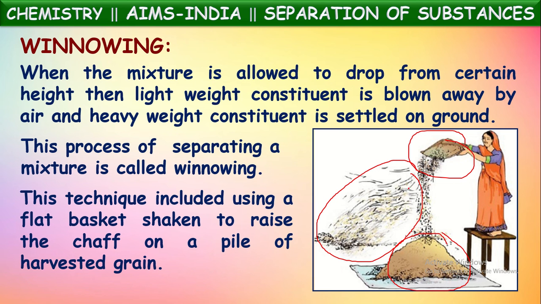Then the mixture will be falling down. While falling down, the lighter weight particles will be blown away because of air, and the heavyweight grain will separately fall as a heap. In this way, grain and husk are separated by using this process, winnowing. Mostly this process is used by farmers in the cultivation, in the harvesting process.